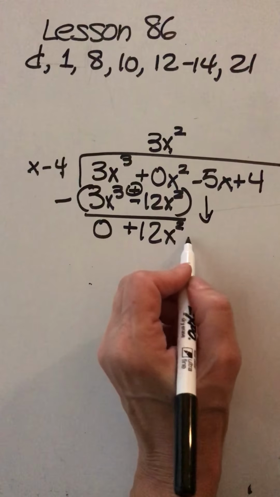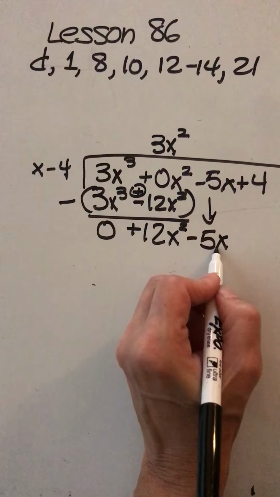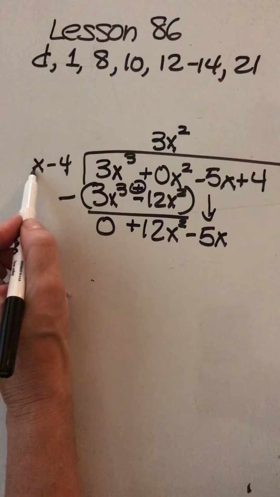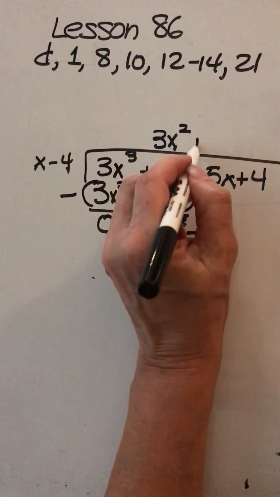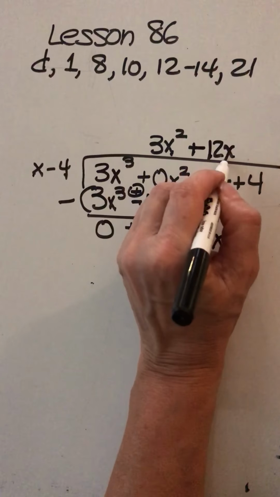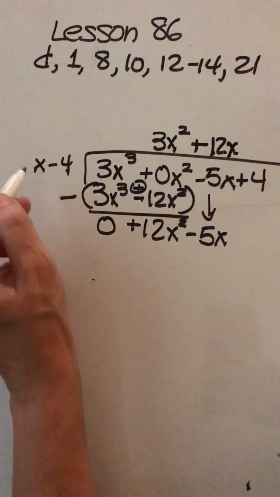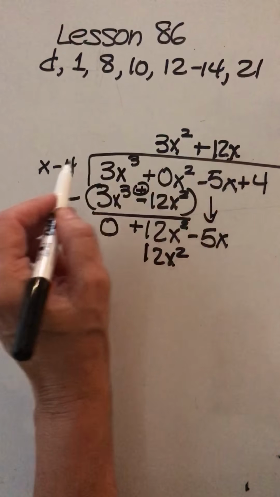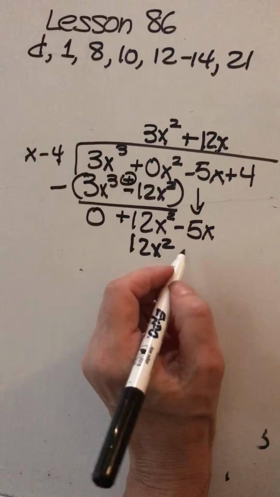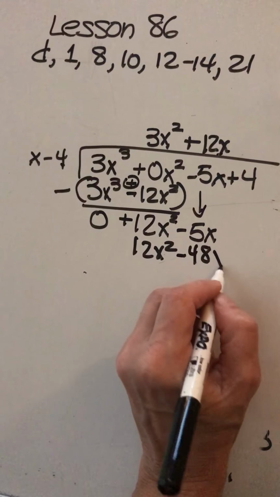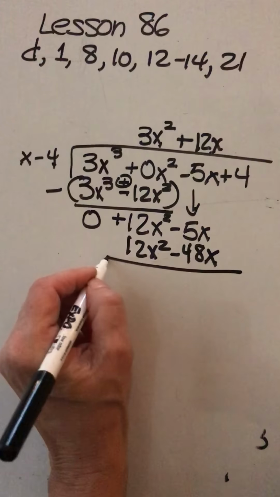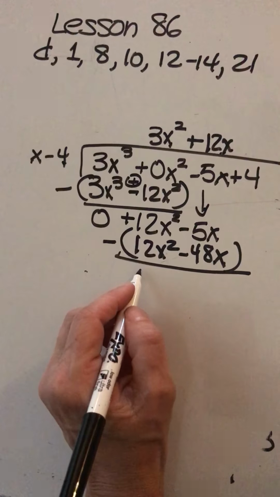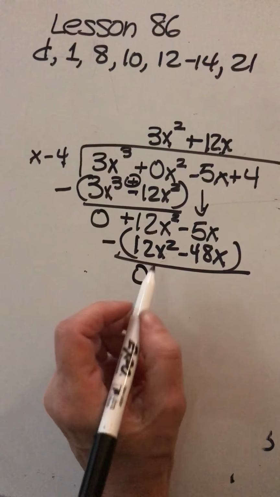I bring down the next term, minus 5x, and then I divide. 12x squared divided by x is 12x. So it's plus 12x. I multiply 12x times x. That's 12x squared. I multiply 12x times negative 4. That's negative 48x. Next step is to subtract. I'm left with 12 minus 12 for x squareds, and that's just 0.